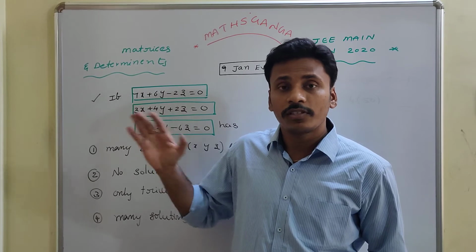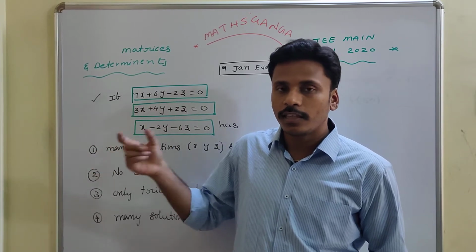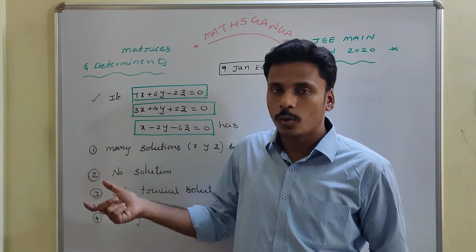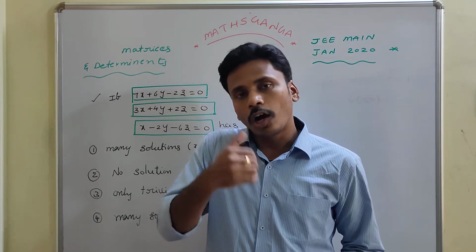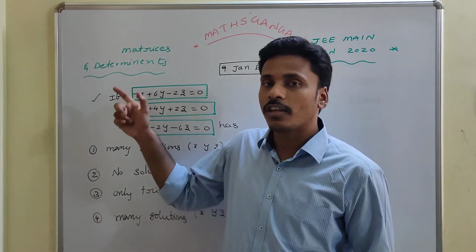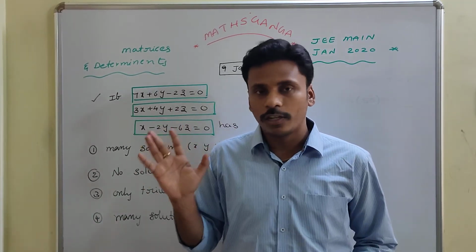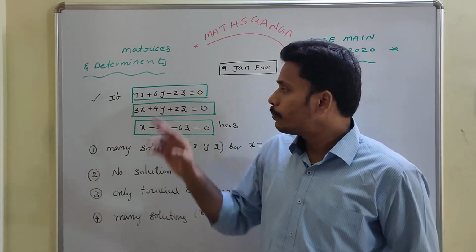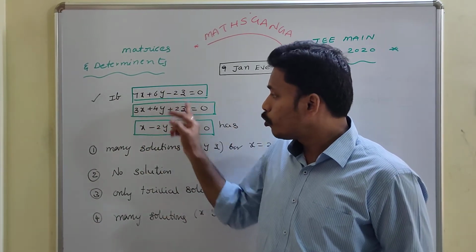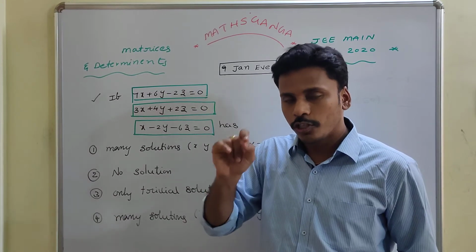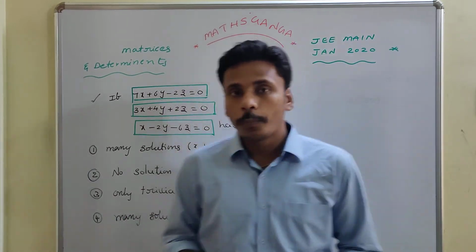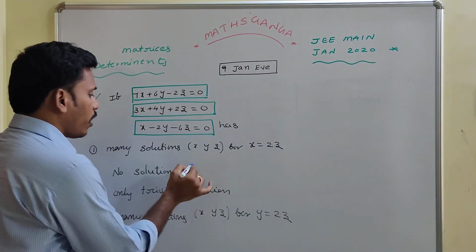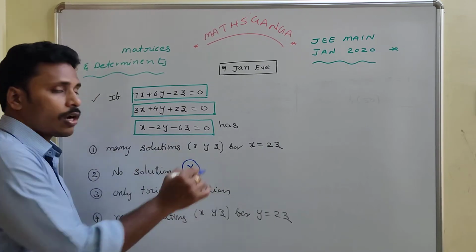Replace x, y and z with zeros, and surely 0 0 0 satisfies these three equations. So we will always have one solution for this type of system, and we call that a trivial solution. So for sure this has one solution, 0 0 0. So option B, no solution, is neglected. This is not our choice.